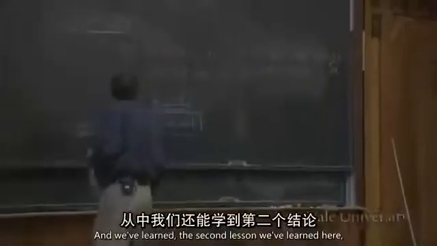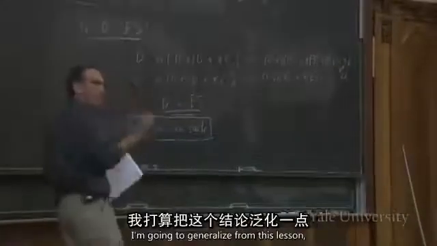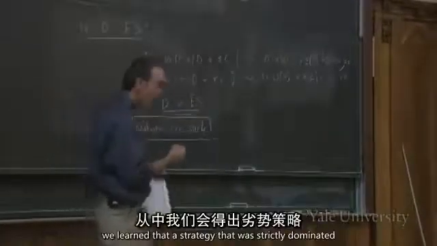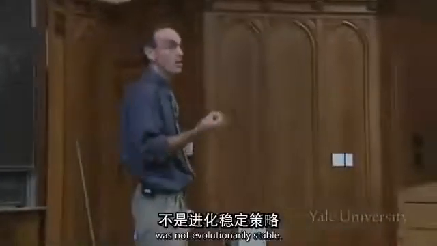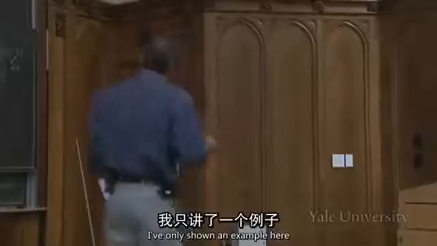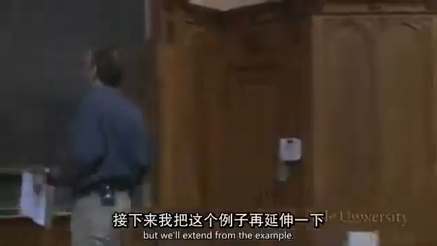And the second lesson we've learned here, I'm going to generalize from it. We learned that a strategy that was strictly dominated was not evolutionarily stable. I've only shown an example here, but we'll extend from the example.